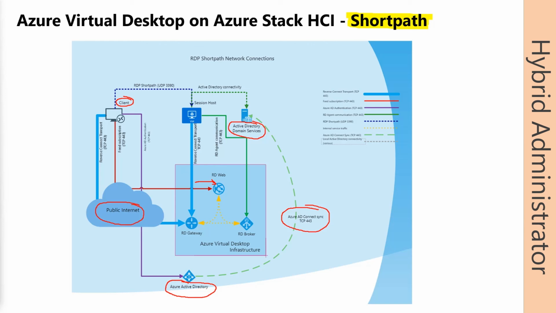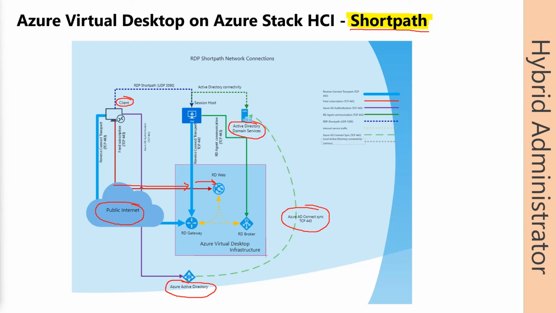The interesting thing is the client can also use the RDP client app, and the RDP client app is required to have the full Shortpath functionality. Now what happens? The client connects to the remote infrastructure in the Azure data center.